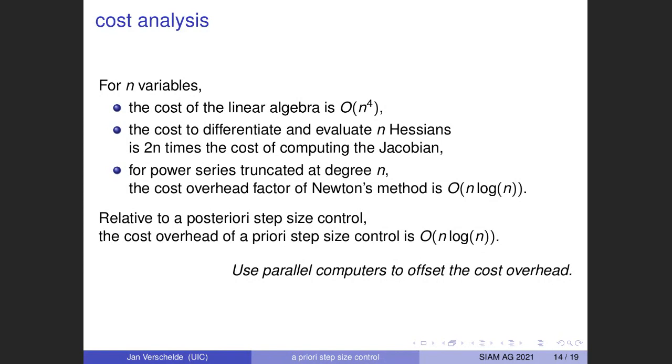If we assume that we are using power series truncated at the same degree as the dimension, then we have the n log n factor coming in. Now, you could mitigate that a little bit by saying that in general, our number of equations and number of variables will be larger than the degree of our power series. So then the cost overhead factor would be n. Quite substantial. A system with 20 equations and 20 variables is going to take 20 times longer.